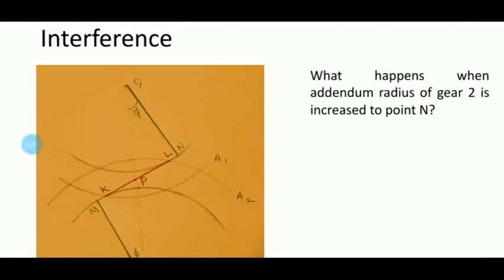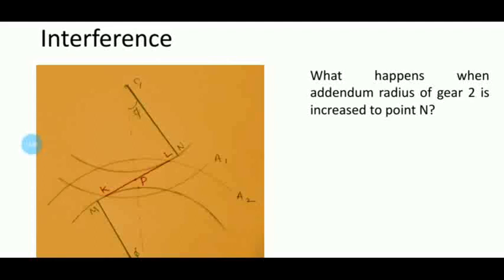What are the points K and L? They are the points where the addendum circle of the mating gear cuts the common tangent. So it will be slightly beyond the base circle, not on the base circle. But M and N are on the base circle.